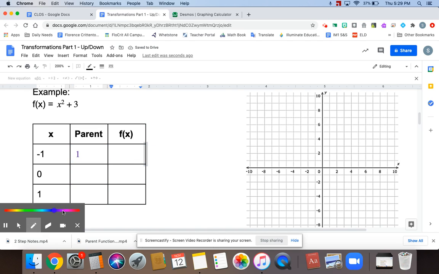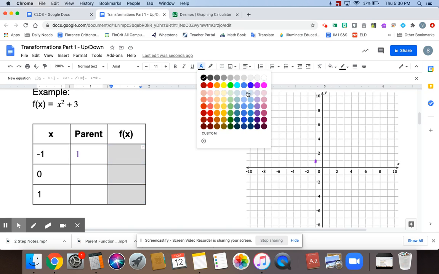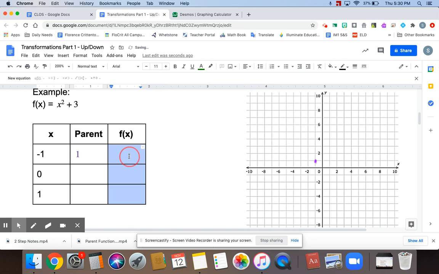If I were to plot that point, -1, it's right here at +1. But in green, I'm going to do the new one when I add 3 to it. If I take 1 and I add 3 to it, now I'm going to be at 4. So my new one with the +3, the dot gets moved up 1, 2, 3, and I'm up here at 4 now.